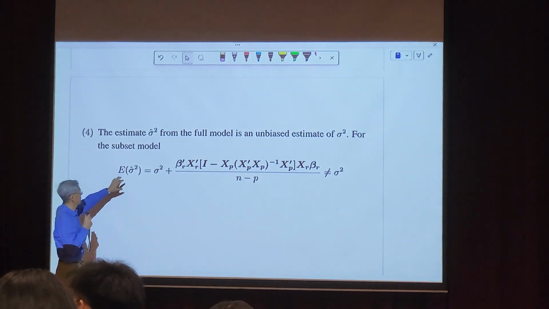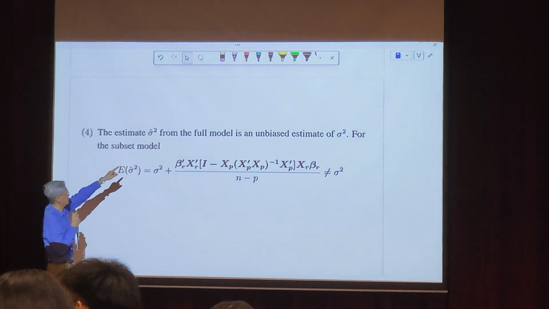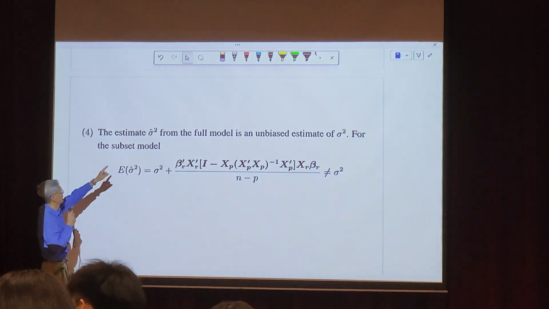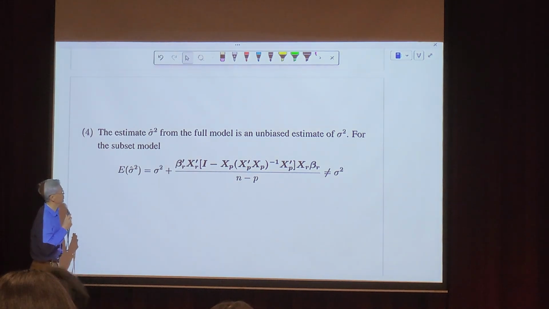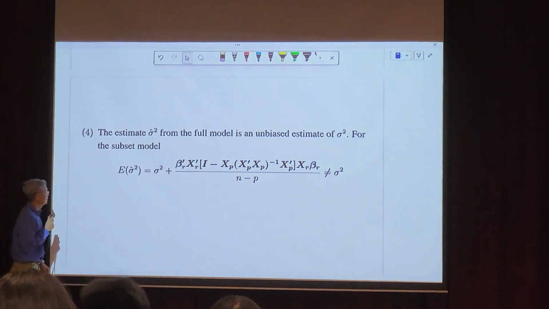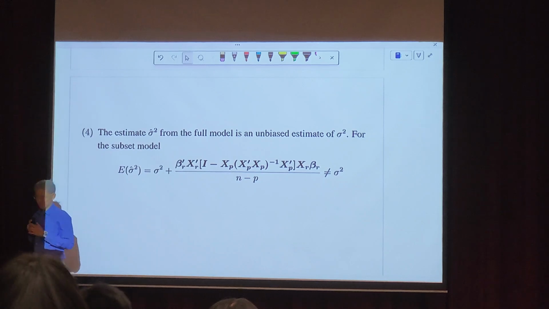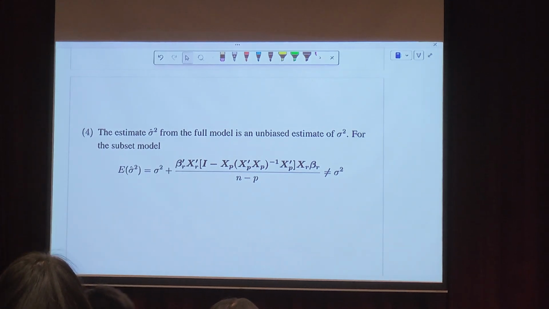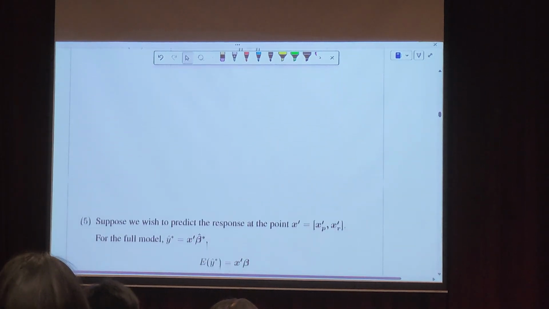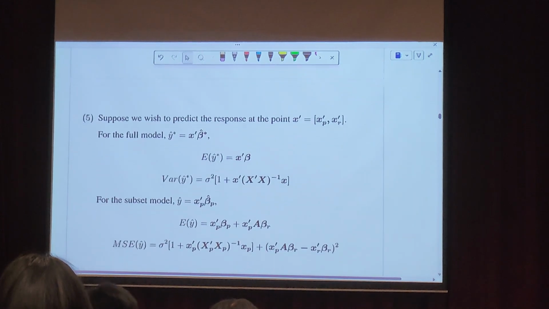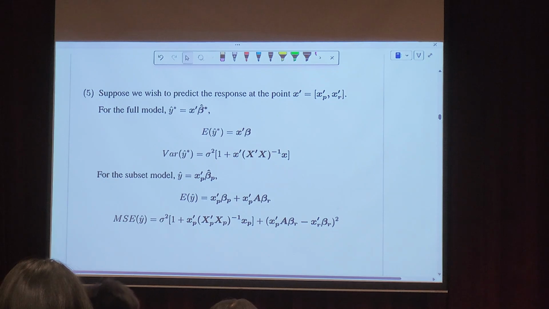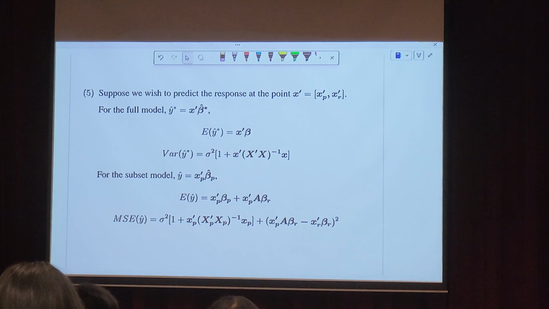Next is the estimate of sigma square. We already proved in chapter 3 that the estimate of sigma square for the full model is unbiased. But for the subset model, it is not unbiased, it is actually biased. So that's another thing to know. Now, next we talk about prediction or fitted value.